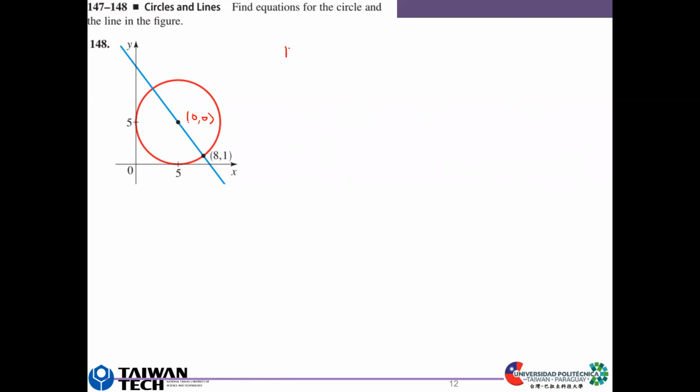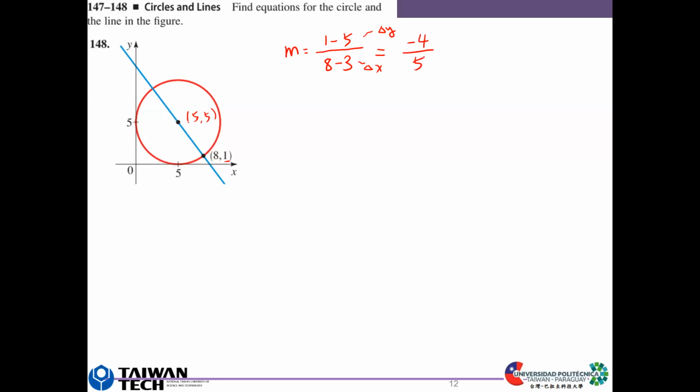So the slope of the line, suppose it's m, equals 1 minus 5 over 8 minus 5, because this is delta y and this is delta x. The center is 5, 5. So this is how we define the slope.